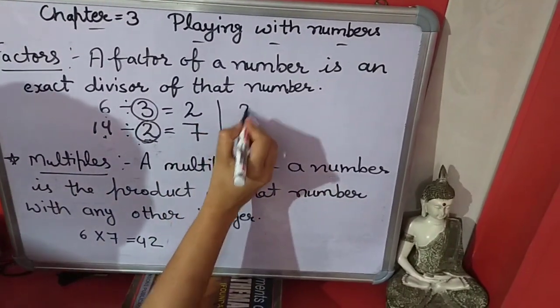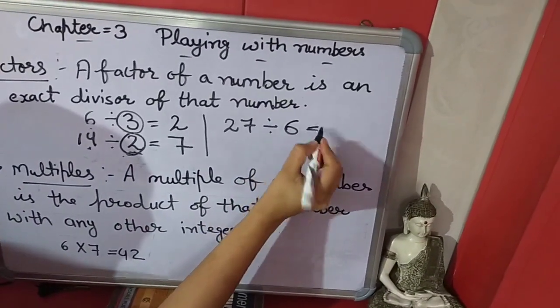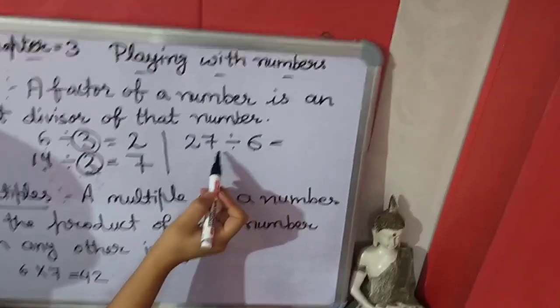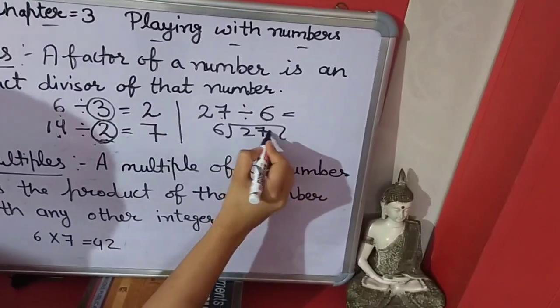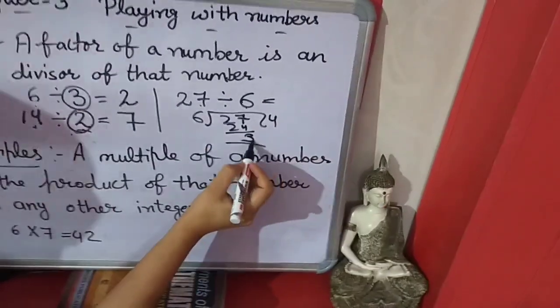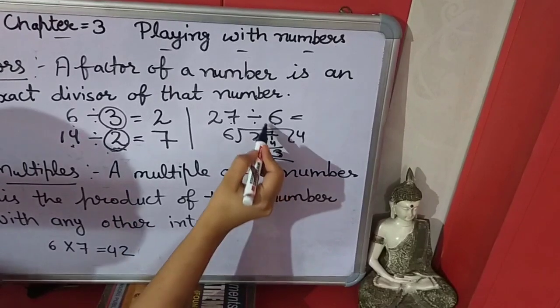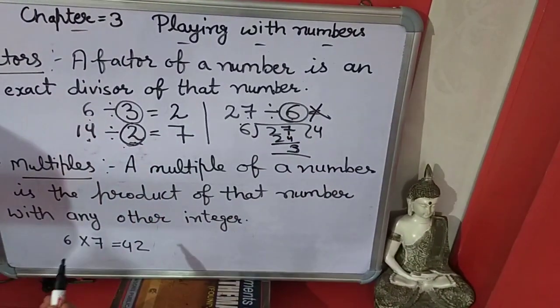If I have written 27 divided by 6, in the table of 6, 27 will not come. If we divide it, a remainder will be left. It means 6 is not a factor of 27.